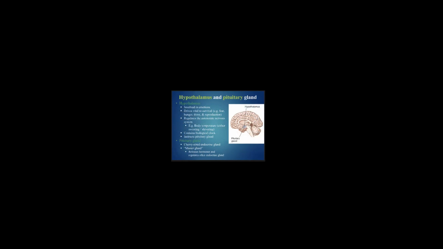Okay, next we're on to the hypothalamus and our pituitary gland. Your hypothalamus, this little thing here, provides a wonderful link between the central nervous system and your endocrine system. It's kind of the headmaster of the endocrine system and does a lot of controlling of very autonomic nervous system parts, like temperature regulation within your body.